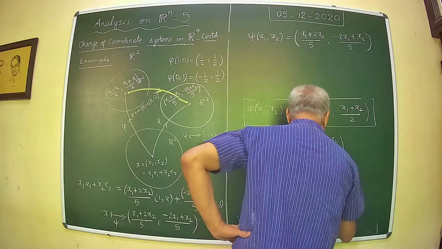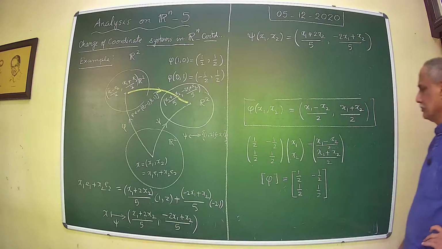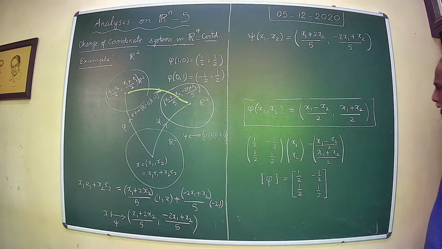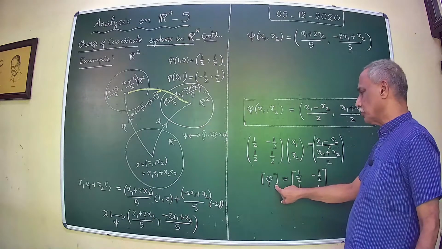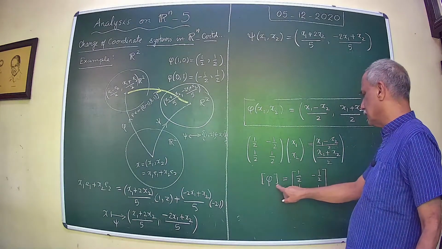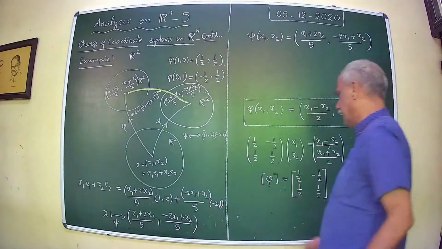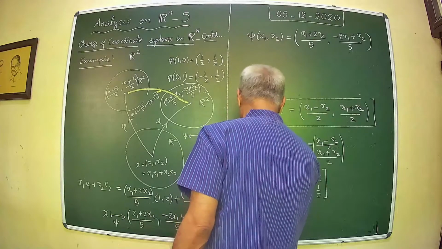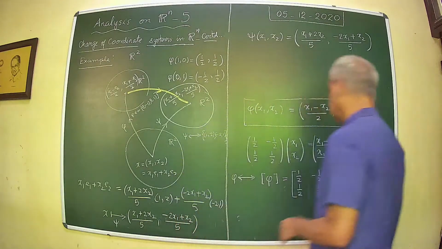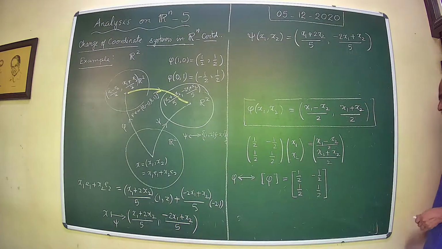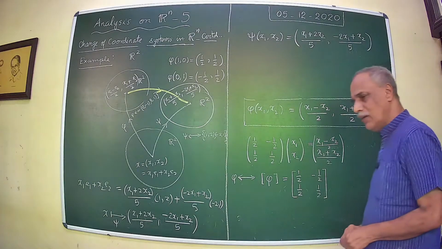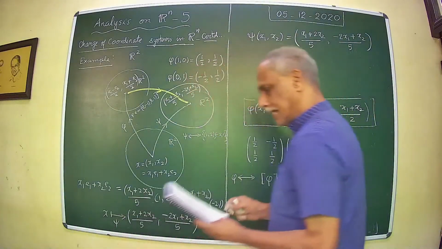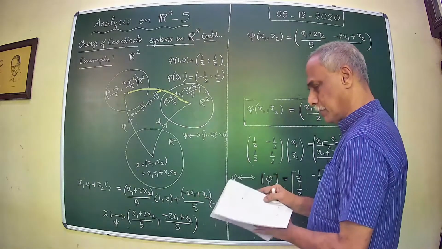We will formalize all these things later. I put a square bracket to show that phi is identified with this matrix. Likewise, psi also can be represented.